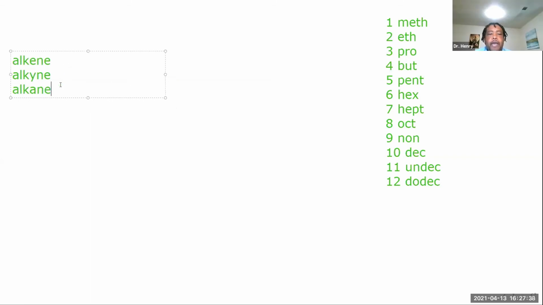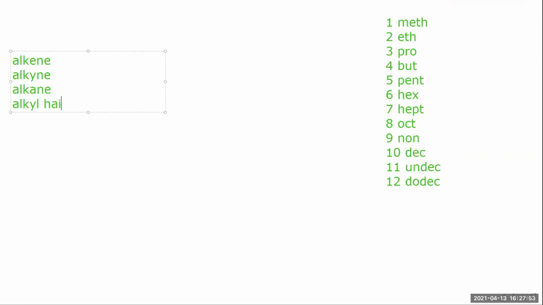Okay, so below these, they're always going to be side chains. The next group is called alkyl halides. They have the lowest priority. What are halides anyway? Which group represents the halides?